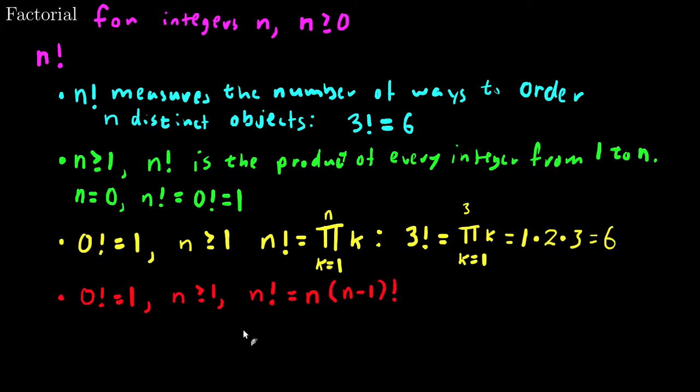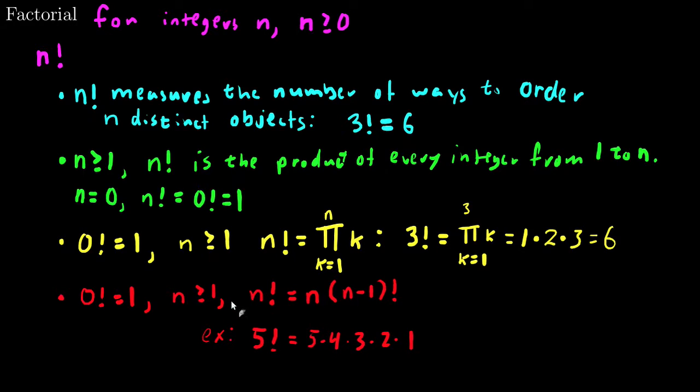Let's consider something like 5 factorial. Little example here. So we know that 5 factorial multiplies everything from 1 up to 5. So 5 times 4 times 3 times 2 times 1. And again, I like going this way because I find it easier to multiply at the end with these small numbers instead of multiplying at the end with the larger numbers.